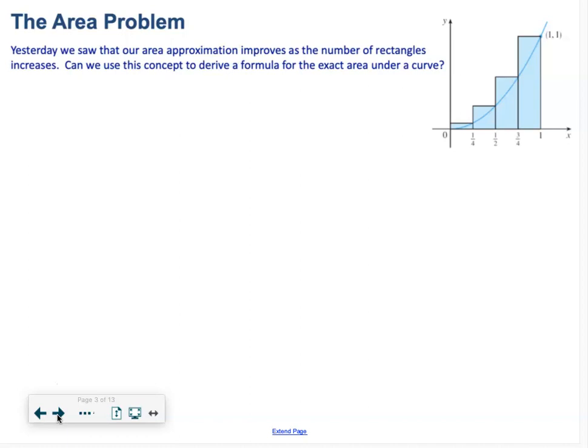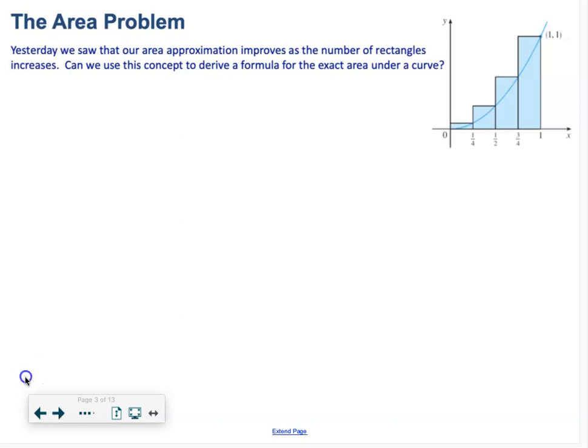Okay, so on this slide, I am going to walk you through how we derive the formula, the limit definition of a definite integral. You do not have to know this, but it's good to get an understanding of where this formula came from. How did we generate this?